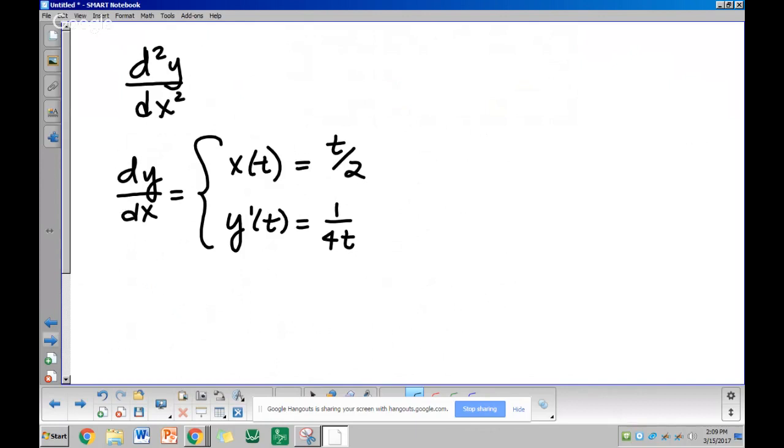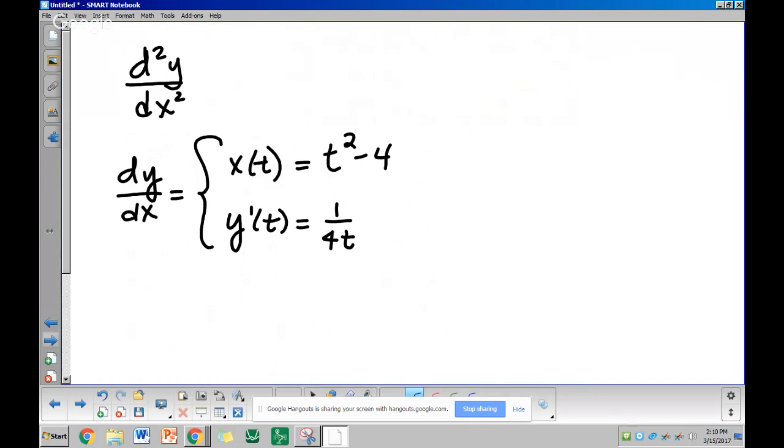Oh, I'm sorry, t squared minus 4. You're right. Because the slope is to find where I'm standing at time t, which is what this is, not the rate of change of where I'm standing. Does that make sense a little bit?